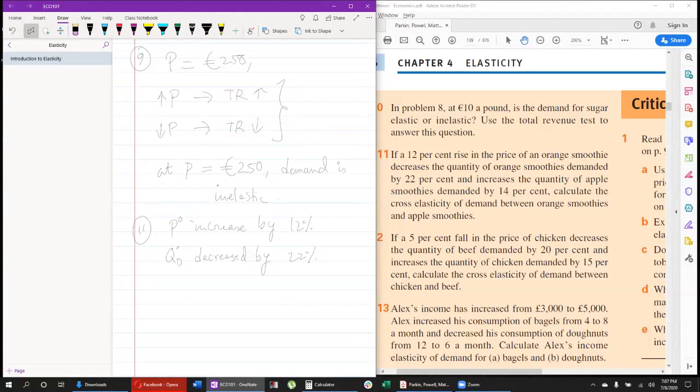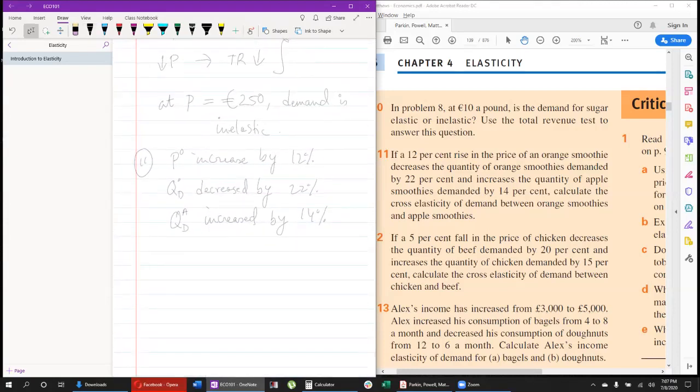And quantity demanded of apples has increased by 40%. So what we have to find out is the cross elasticity of demand between orange smoothie and apple smoothie.